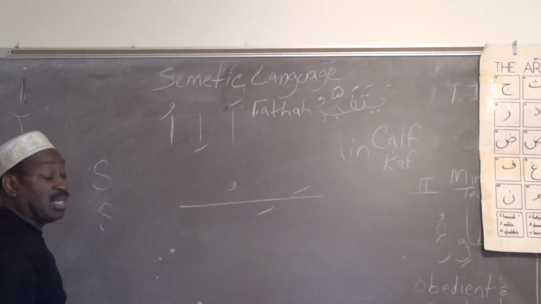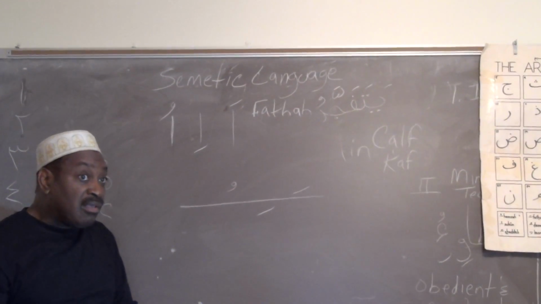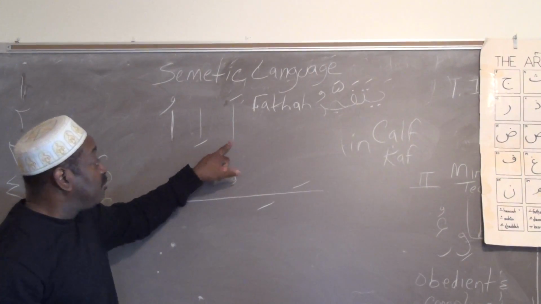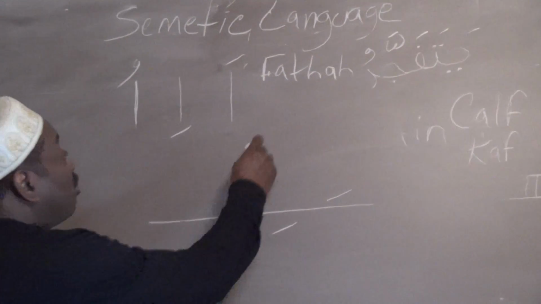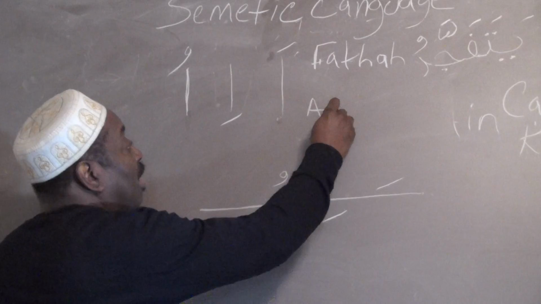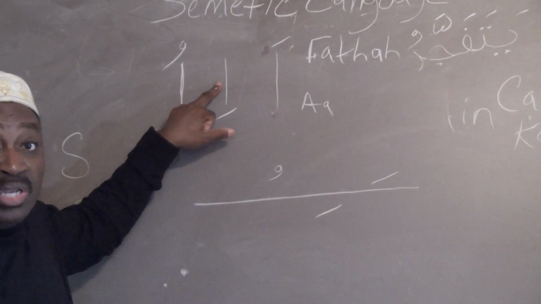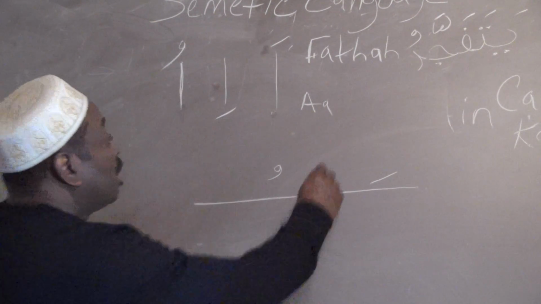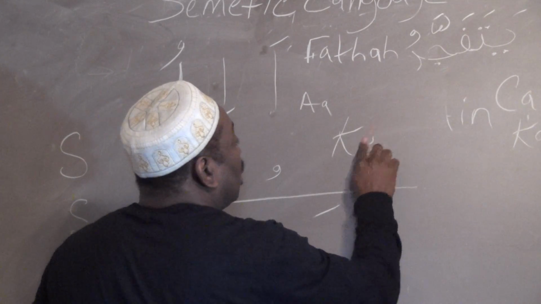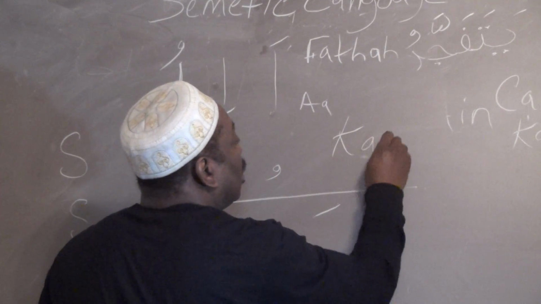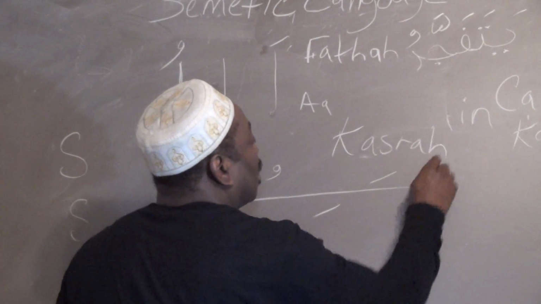So if it's above the letter, we're going to call it what? Fatha. So this is going to give this aleph here an A sound, like ah. If it's below the letter, we're going to call it kasra.